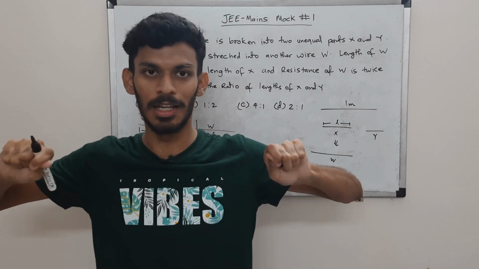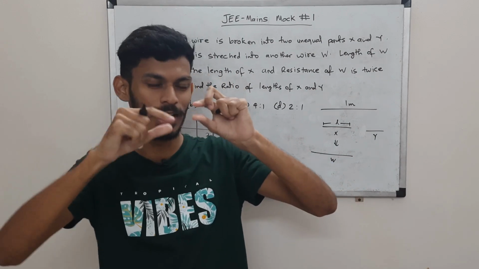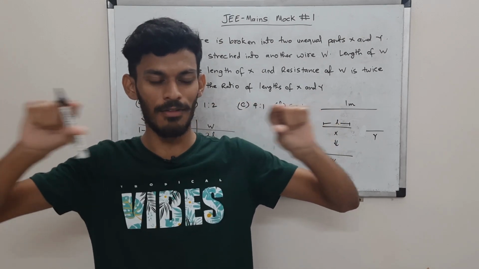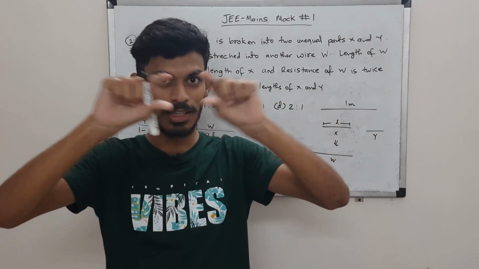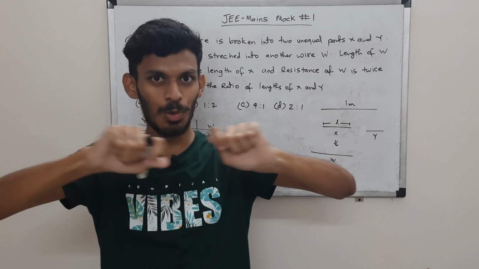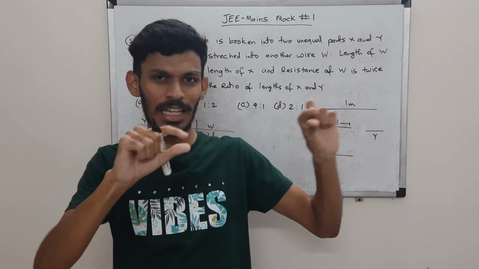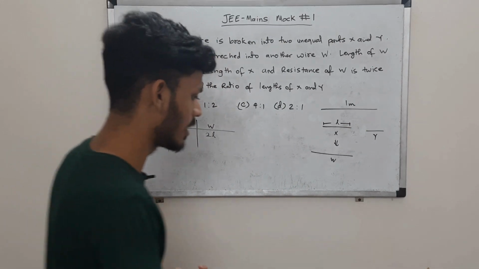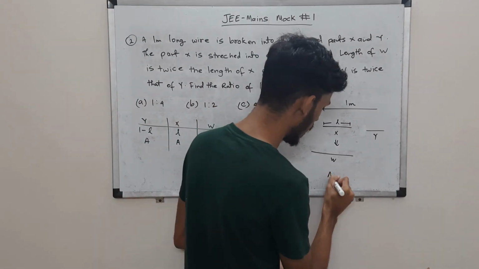When you stretch something, the cross section will become thinner, right? You can imagine it. If I have a wire this wide, when you stretch it to twice its length, the area of cross section will reduce, such that the product A into L is constant.